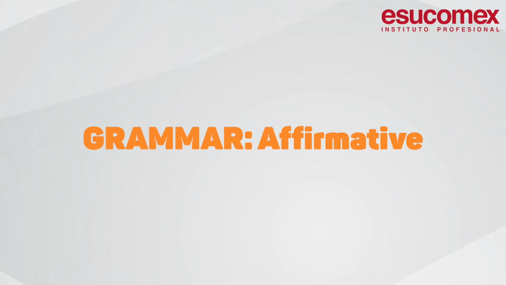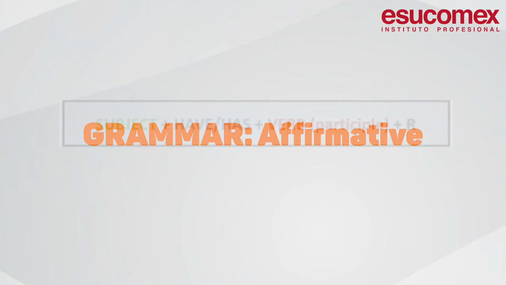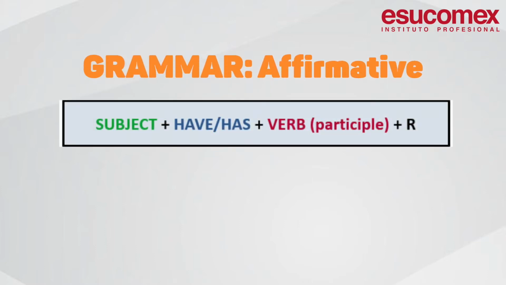Now, let's study the grammar of present perfect. Affirmative sentences are formed by a subject, followed by have or has, then a participle, and then the elements of the rest of the sentence.